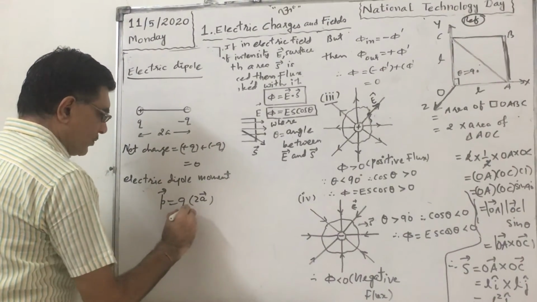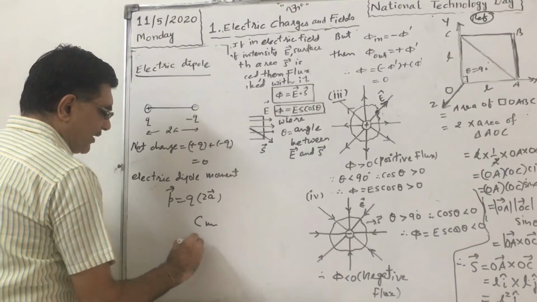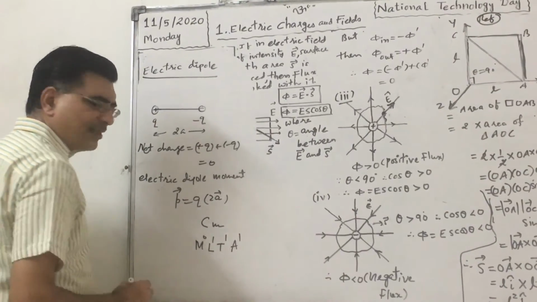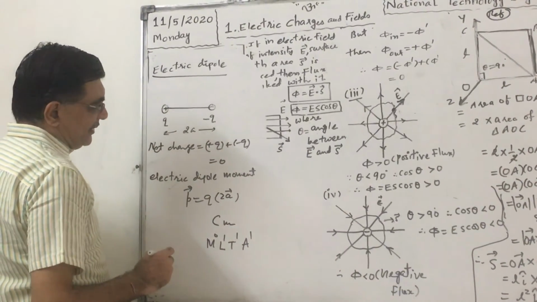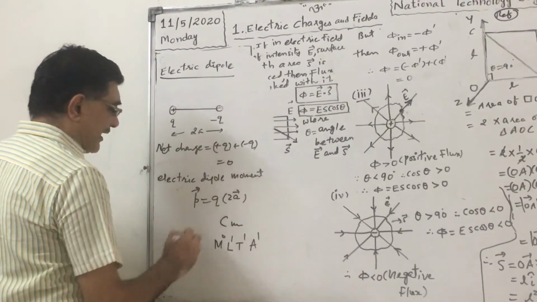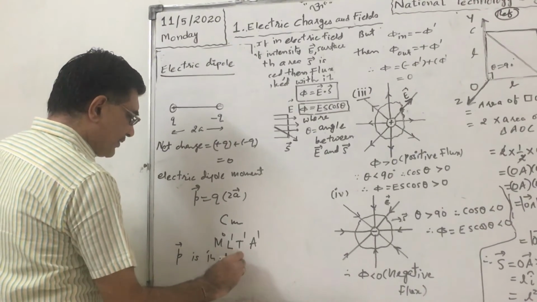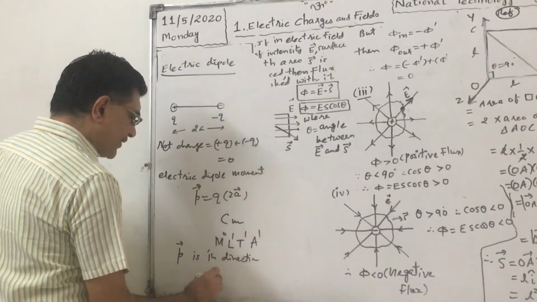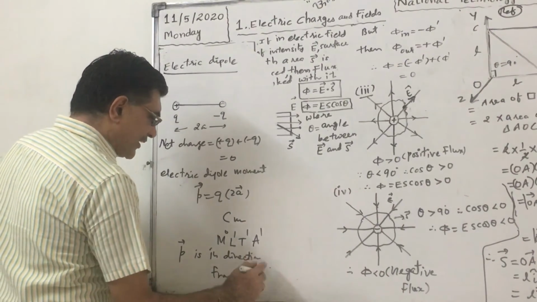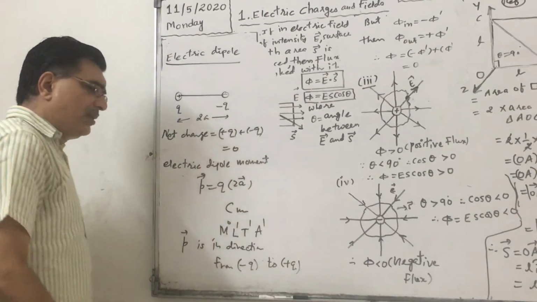Its unit is coulomb into meter. Its dimensional formula is M0 L1 T1 A1, and it is a vector quantity. The direction of P is from minus Q to plus Q. Always keep in mind the direction of P is from minus Q to plus Q.